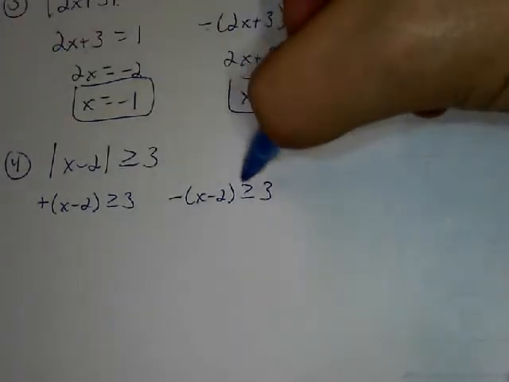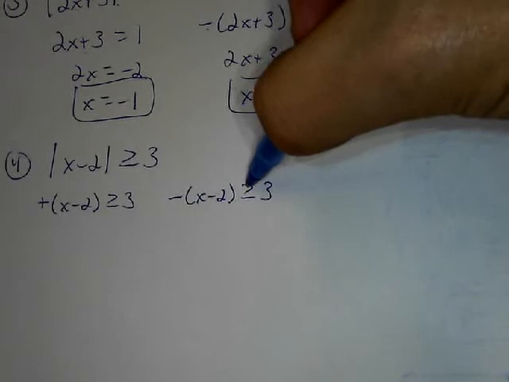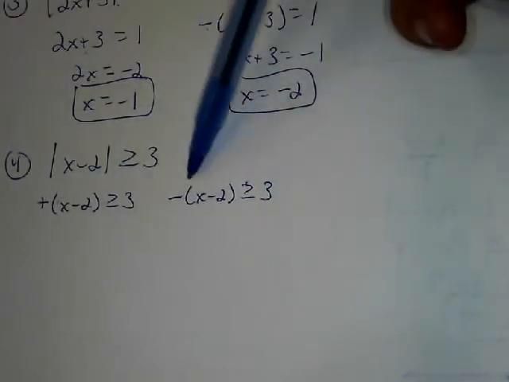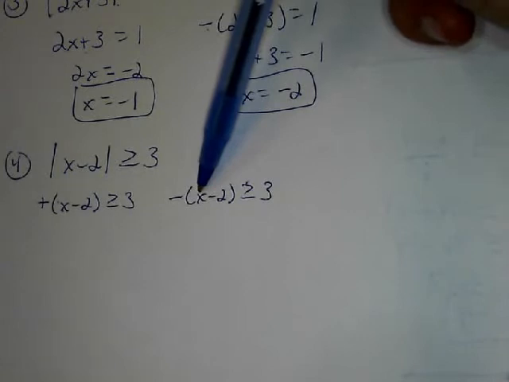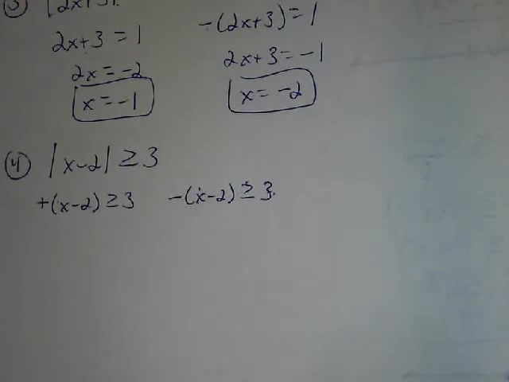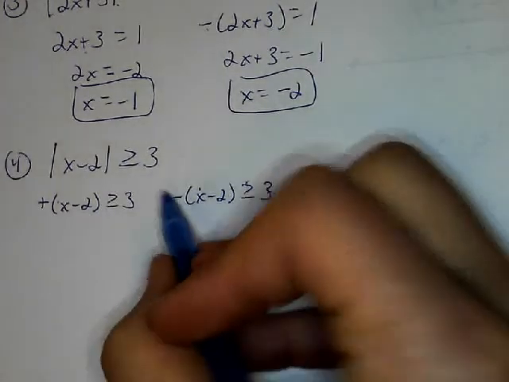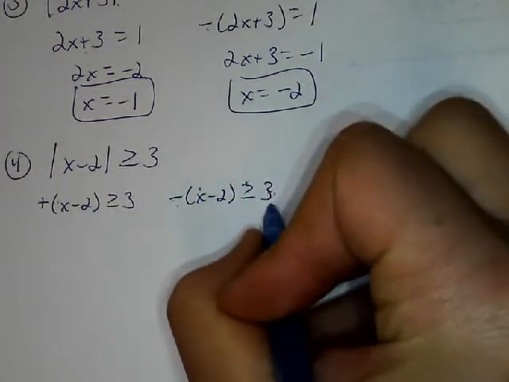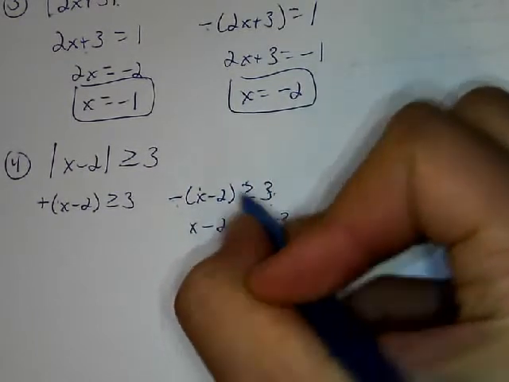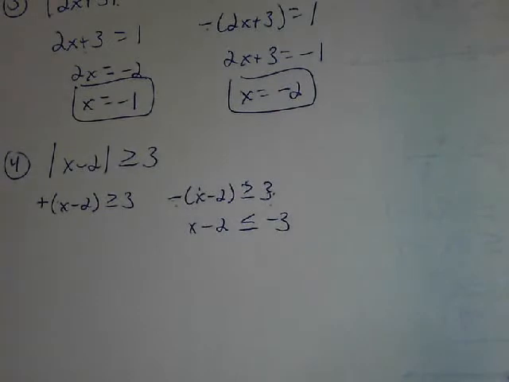They probably taught you to switch a sign, and they never taught you why you switch a sign. In reality, the positive and negative values of the distance must be greater than or equal to 3. That's what the absolute value says. By writing it this way, you'll see that when you divide by the negative, you get x minus 2 is less than or equal to negative 3, which is probably how your middle school teacher wrote it initially.